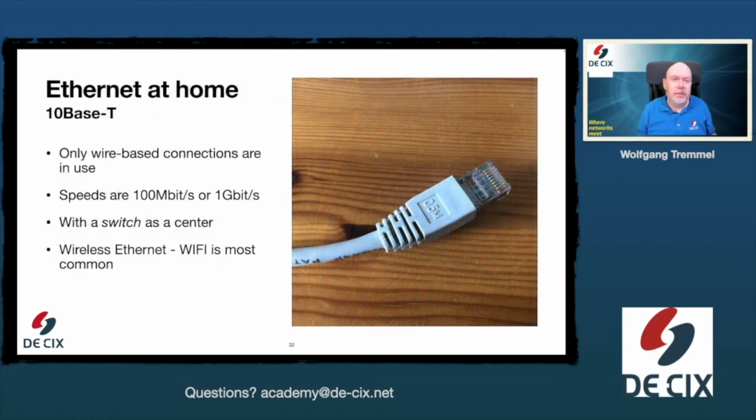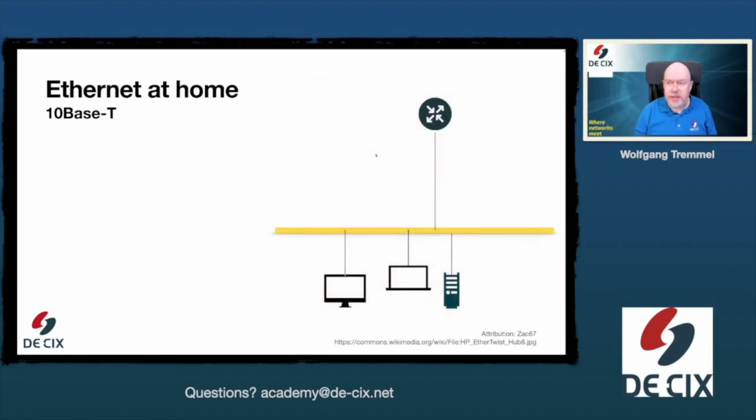Ethernet at home. Usually you use copper because it's easier to handle, and the speed you have at home is either 100 megabit per second or most commonly today 1 gigabit per second. Also, there is wireless Ethernet. It's an extension, kind of. It uses, of course, your Wi-Fi to do that. Let's have a look at Ethernet at home and how it started, how we migrated from the yellow coax cable to what we have today.